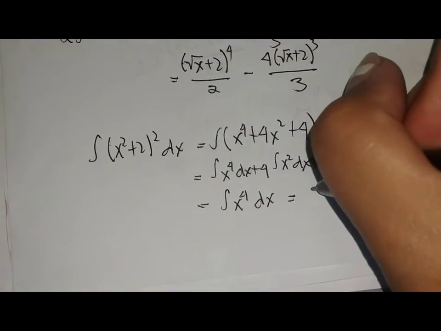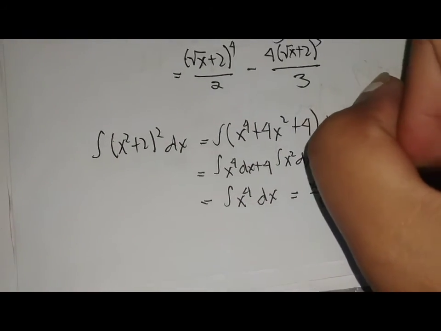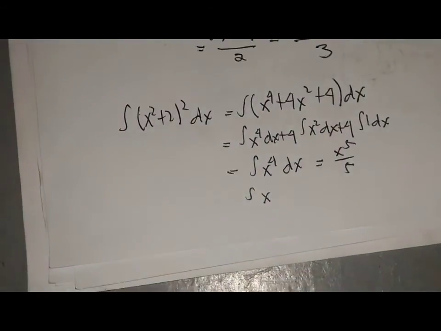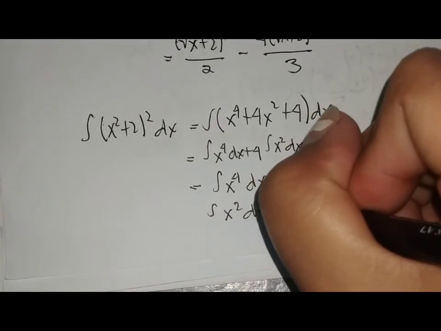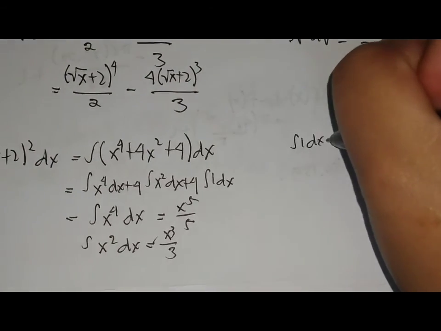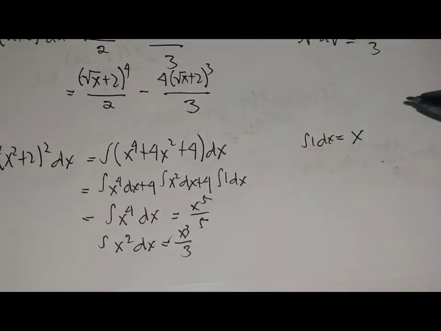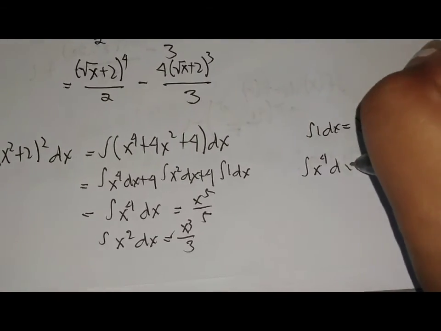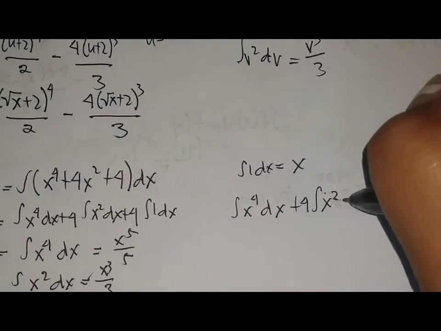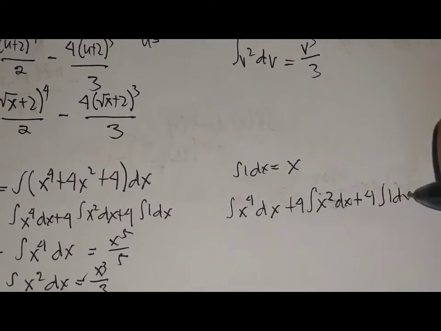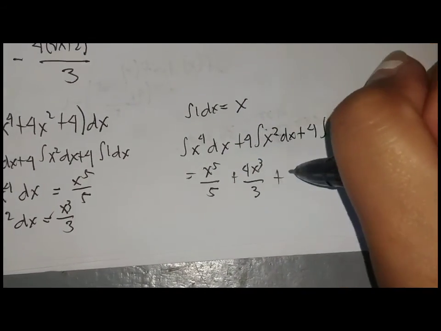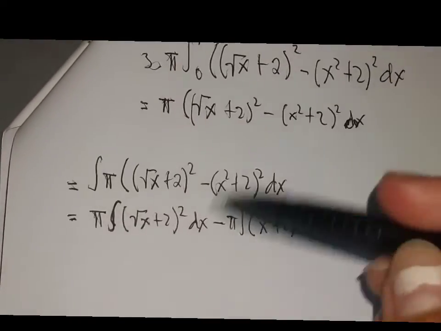It is equal to x to the 5th over 5. Next, let us solve for x squared dx. Just use the previous result, which is x cubed over 3. And let's solve for the integral of 1 dx and apply the constant rule, then it is equal to x. Now, let us plug in: the integral of x to the fourth dx plus 4 times the integral of x squared dx plus 4 times the integral of 1 dx is equal to x to the fifth over 5 plus 4x cubed over 3 plus 4x. So, the problem has been solved.